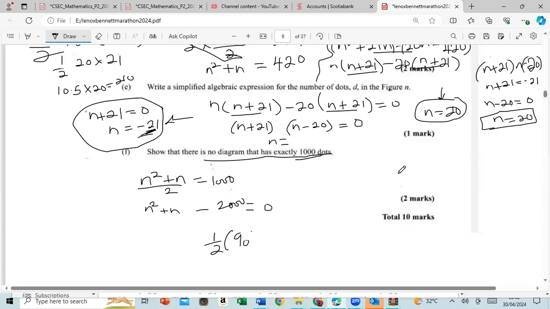You have to do some work here with the calculator. I think it could be 40 and 50. 40 times 50 is 2,000. Now what's the difference? It's not 1.